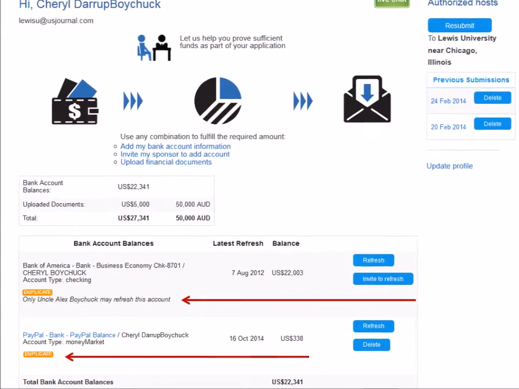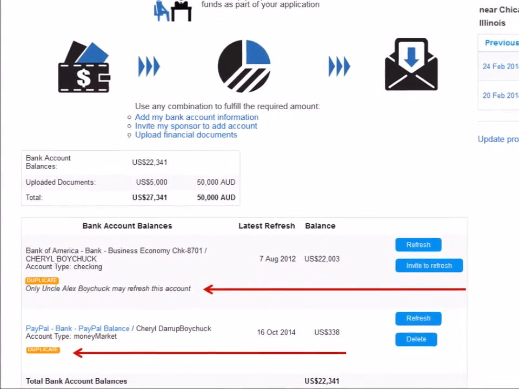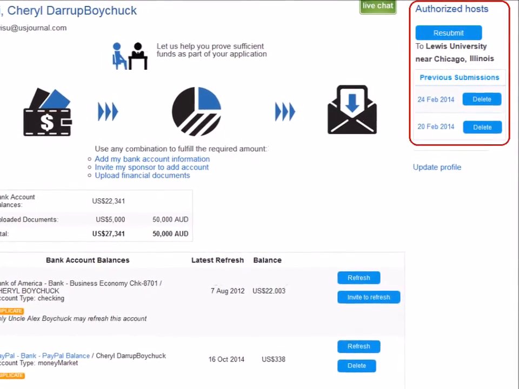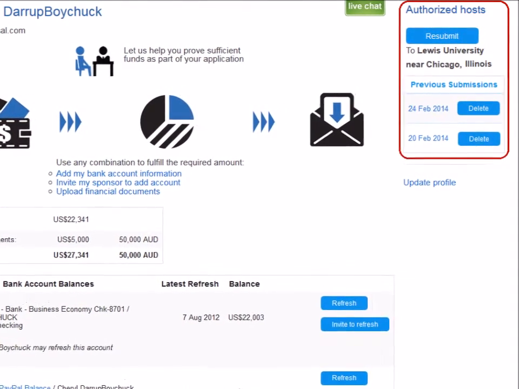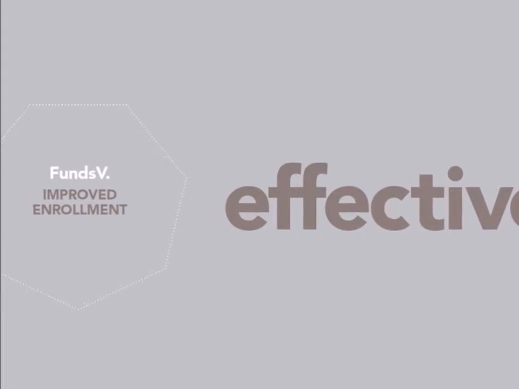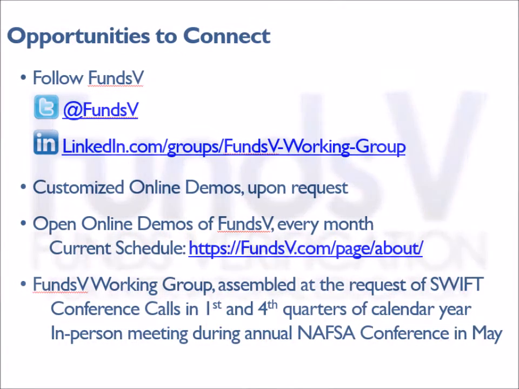For example, we can detect when more than one user accessed the same online bank account. Qualified students may refresh their profiles as often as they'd like to substantiate their financial capability over time. FundsV provides an effective solution to ultimately advance global student mobility. Contact us to learn more.